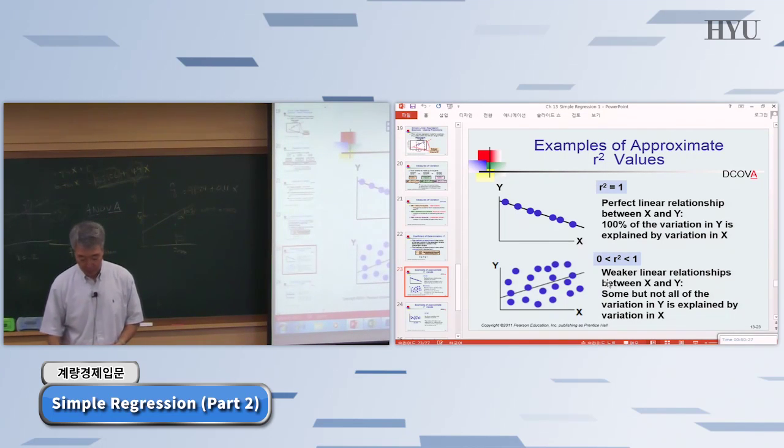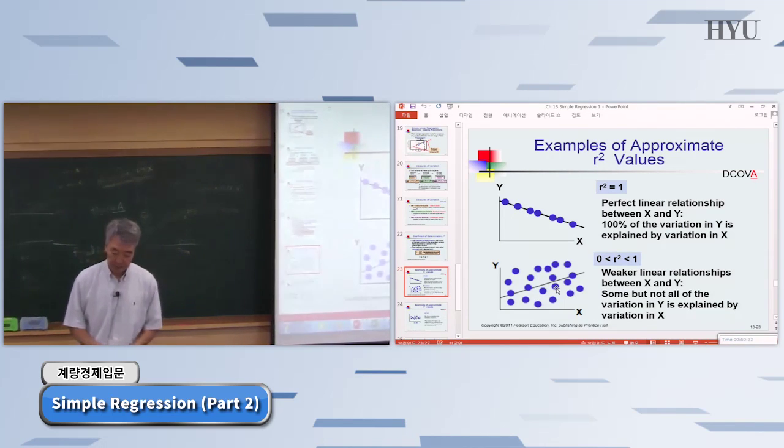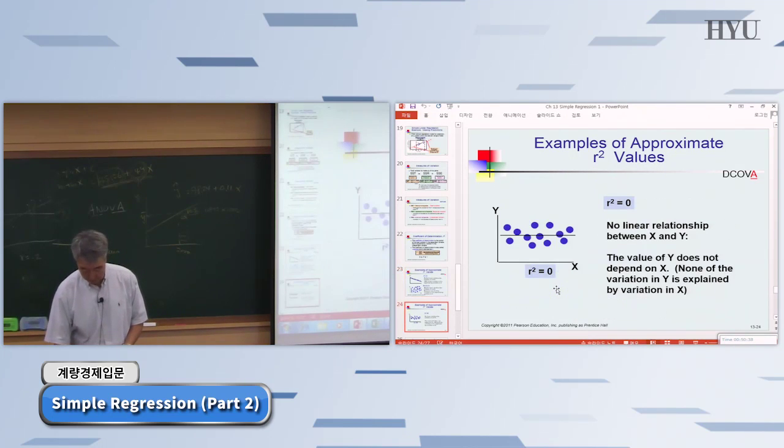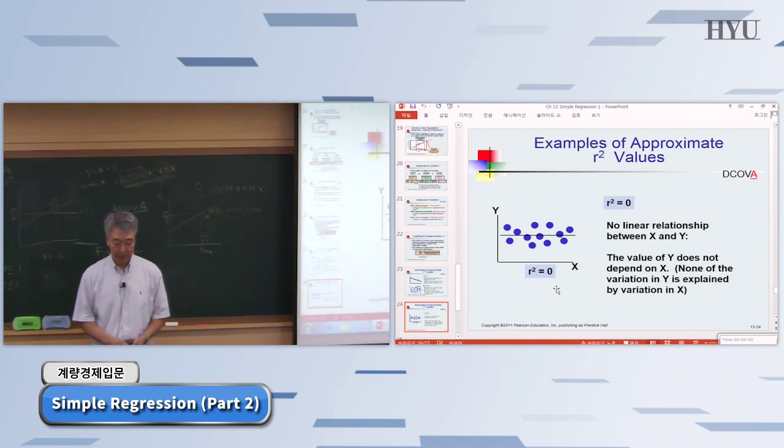If you have relatively widely scattered data points, then R squared will be between 0 and 1, right? Can it be 0? Well, yeah. If you have something like this, then it is possible that R is 0, right?